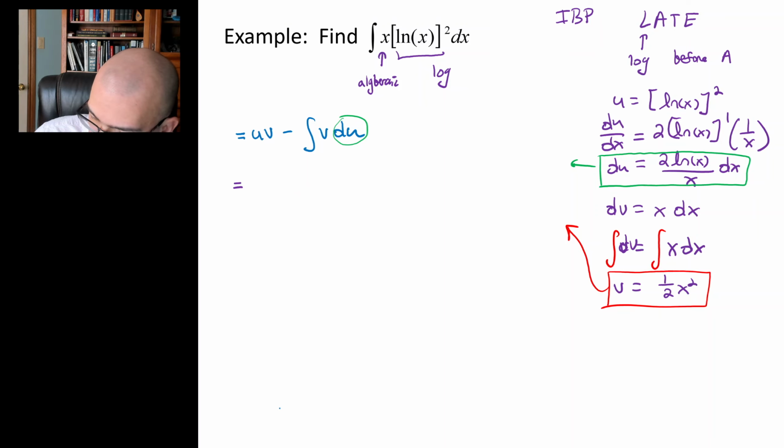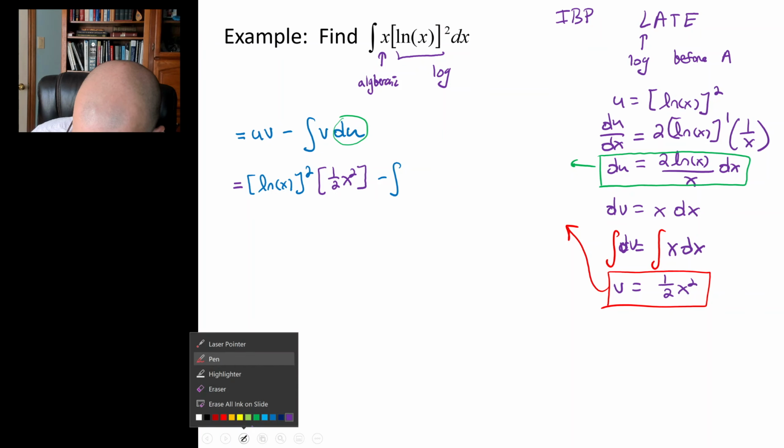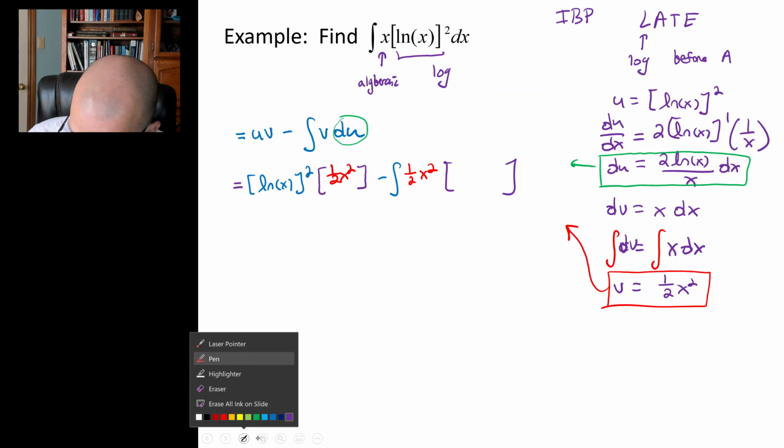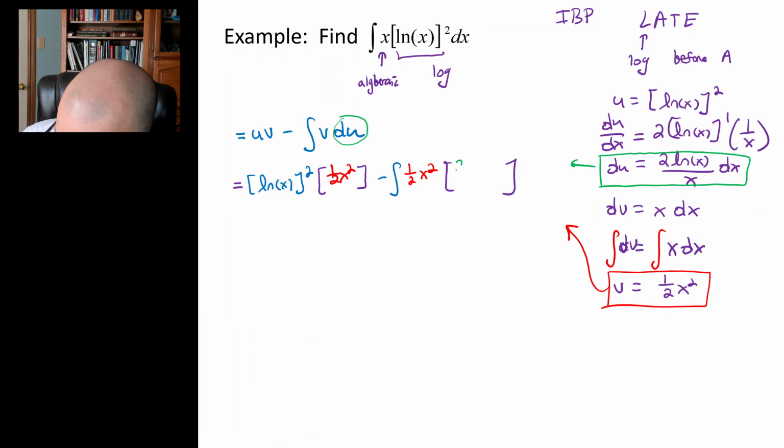We'll plug that in, and we'll plug that in. So u, we said, was ln of x squared. V, we found was 1/2 x squared. Now we have minus integral of v du, 1/2 x squared. And then du is a terrible mess of stuff. Two ln of x over x dx.